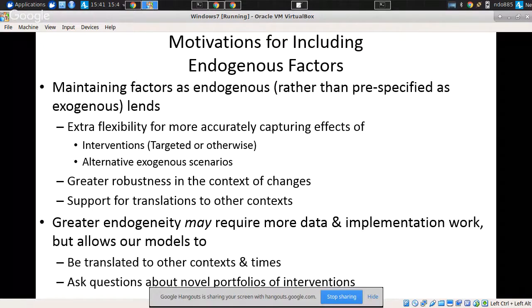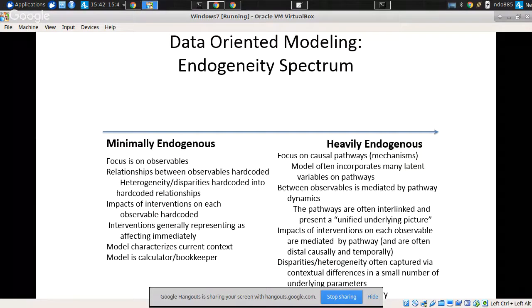Endogenous factors, factors that are generated by the model, are often needed to represent certain, as we say, causal pathways, pathways that ripple through the effect of an intervention to an outcome, or that capture the evolution of the system over time.